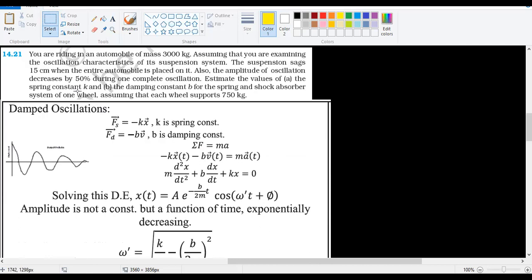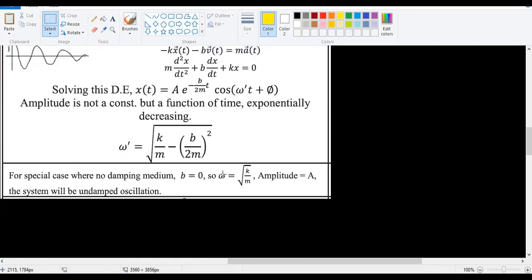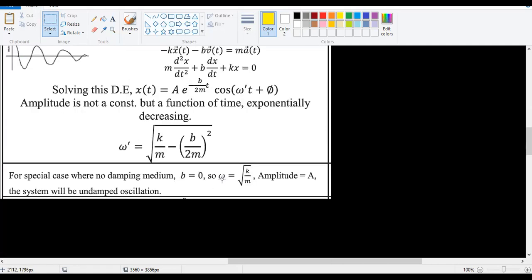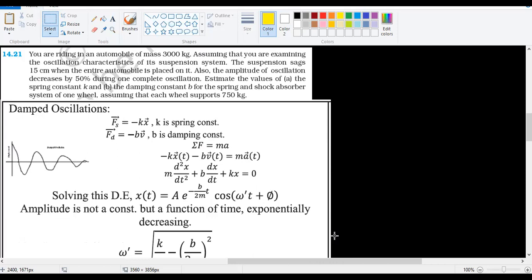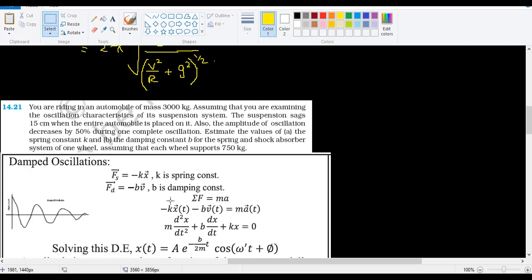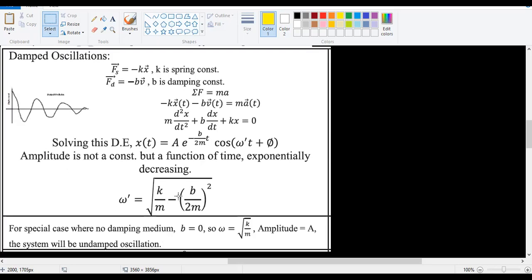So we're supposed to find K, supposed to find B. What else? Angular frequency, they said suspension. Mass is given, M is given. Omega is... Suspension sags by 15 centimeters.